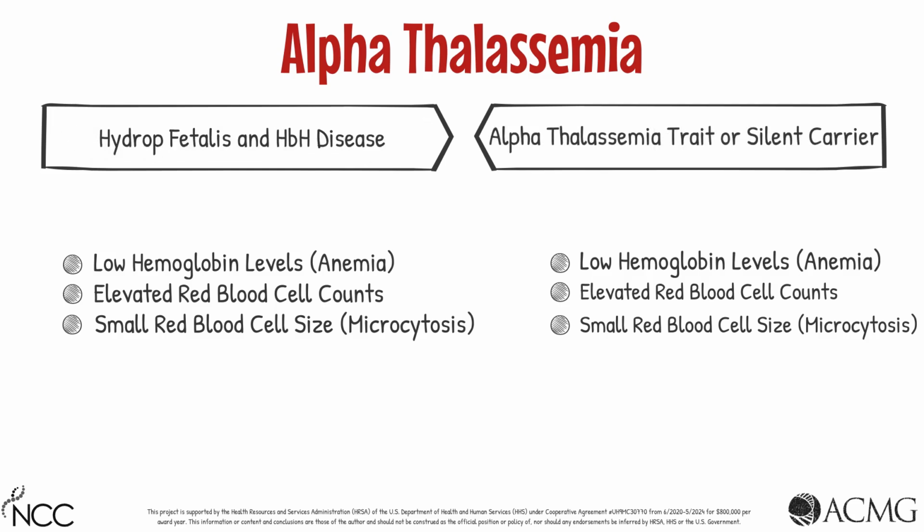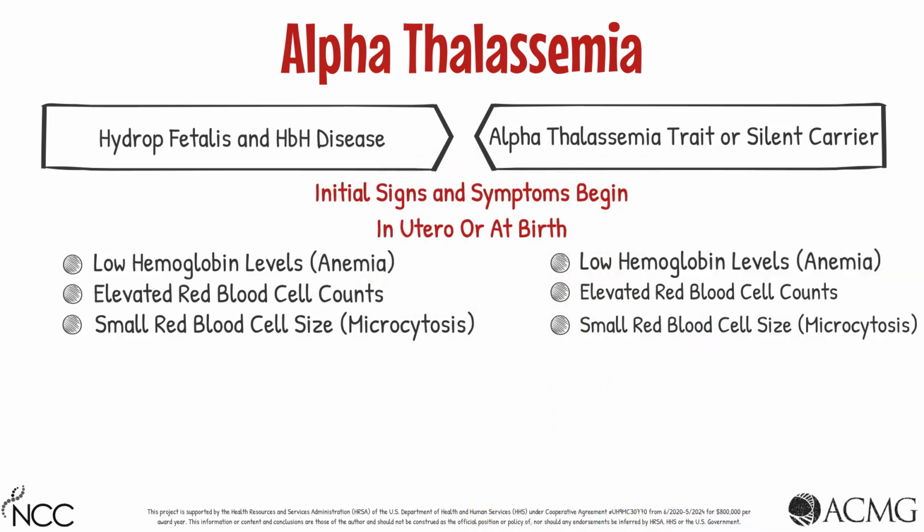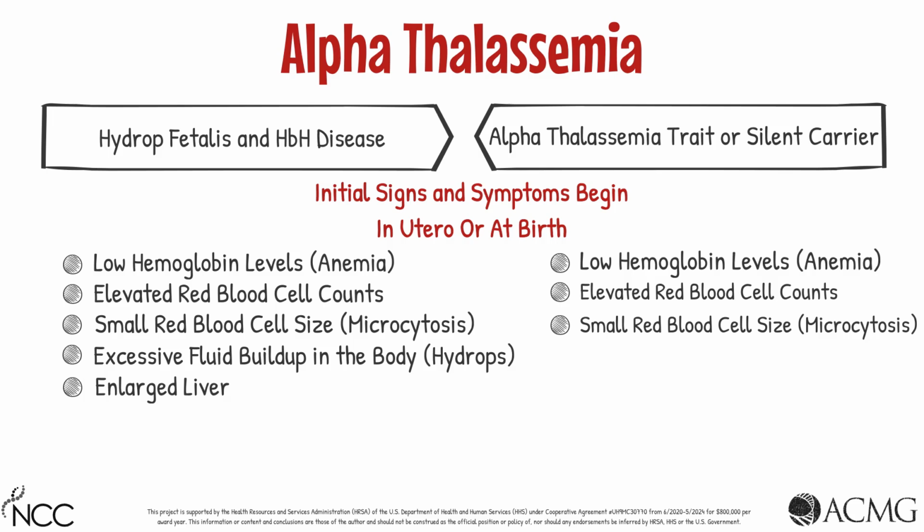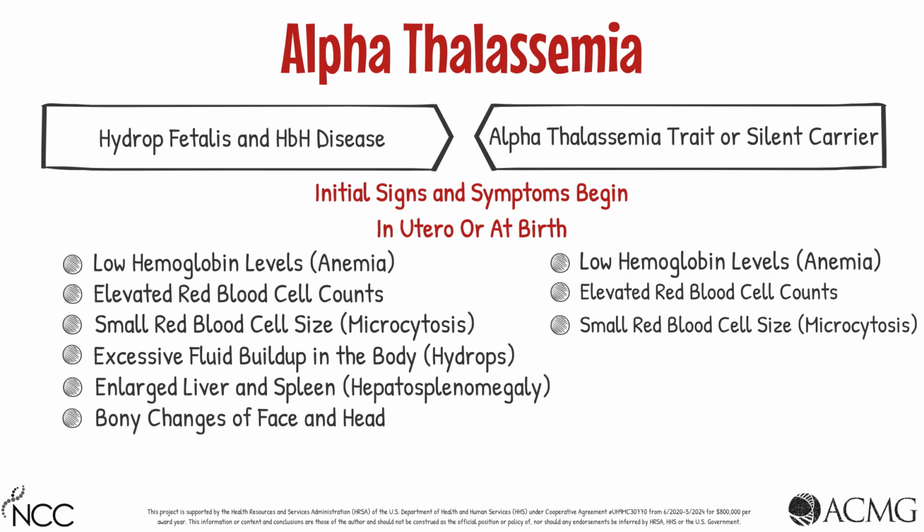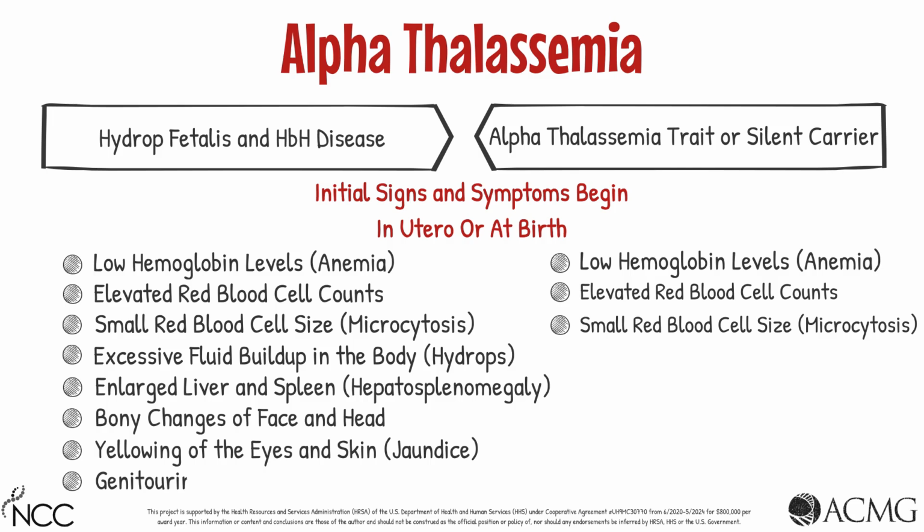In addition to these, early signs of severe alpha thalassemia can begin in utero and include excess fluid buildup in the body or hydrops, an enlarged liver and spleen, hepatosplenomegaly, bony changes of the face and head, yellowing of the eyes and skin or jaundice, and issues with the genitourinary system.